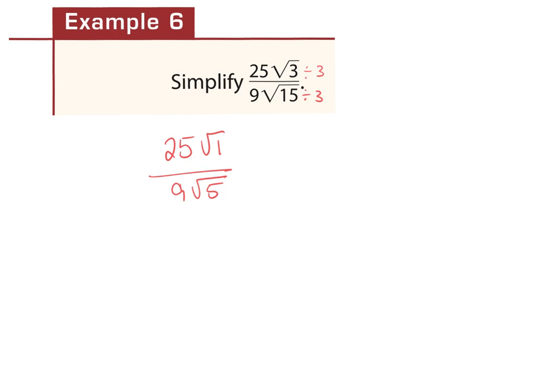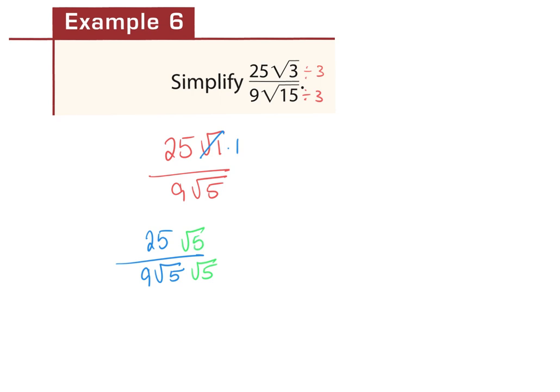What can I do here? 1. Yeah, that 1 is just the square root of 1. So I have 25 times 1 on the top. So I have 25 on the top and 9 square root of 5 on the bottom, right? What else can I do now? Anything else reducing? So my next step is going to be to what? Yeah, multiply the top and bottom by this.